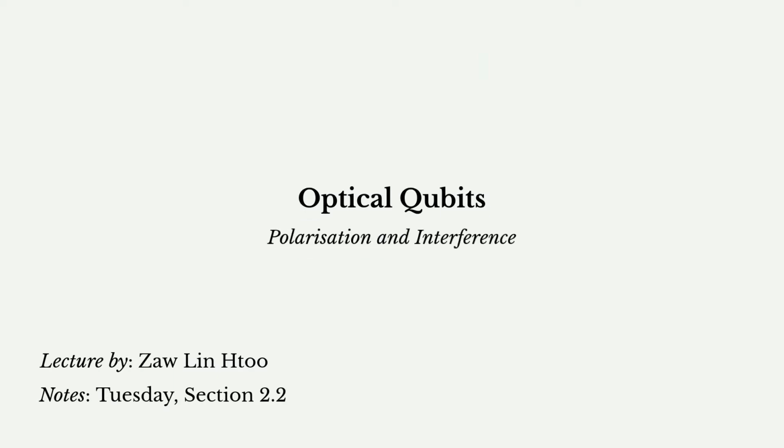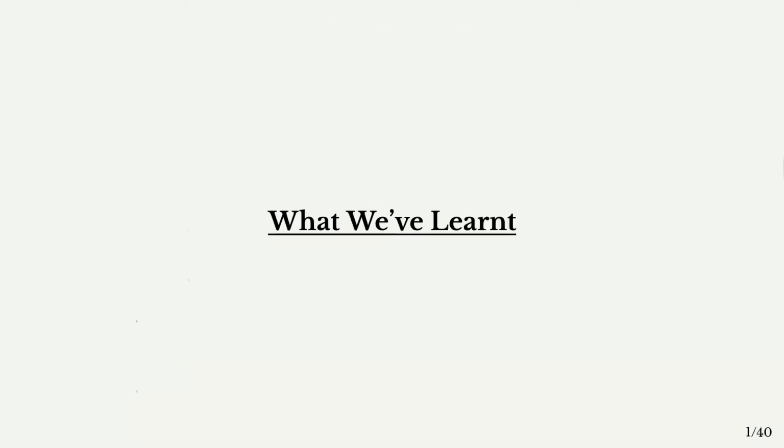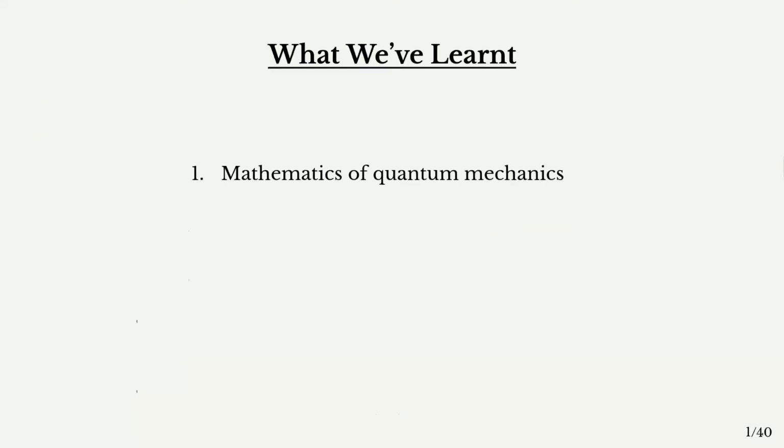Of course, I'm going to speak specifically of the phenomenon of polarization and interference in the context of quantum mechanics. Just to make sure that we are all on the same page, in the past day we should have learned the mathematics of quantum mechanics. This is the language of complex numbers and linear algebra.